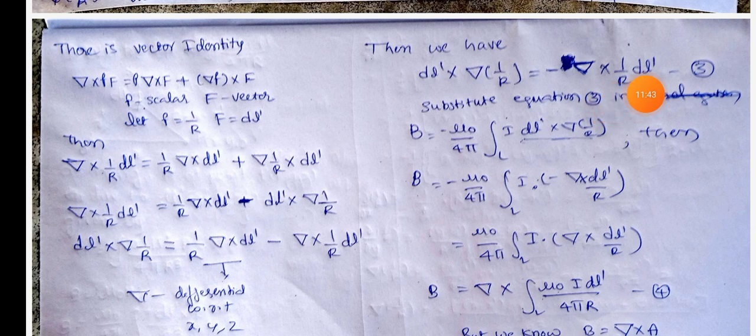So in the place of dl dash cross gradient of 1 by r in the expression minus mu naught by 4 pi line integral I dl dash cross del of 1 by r, you have to substitute this, minus del cross (dl dash by r).